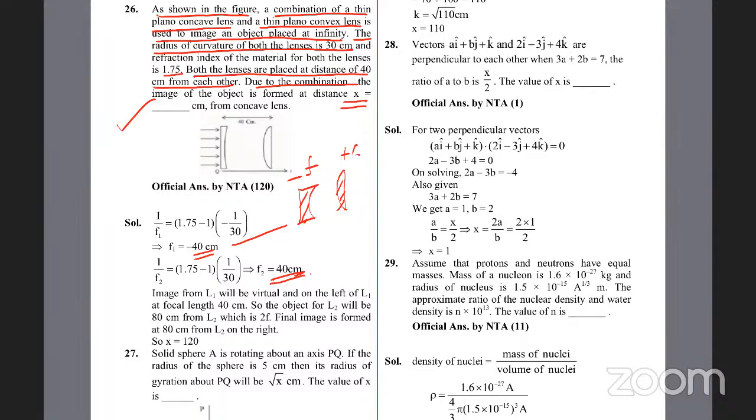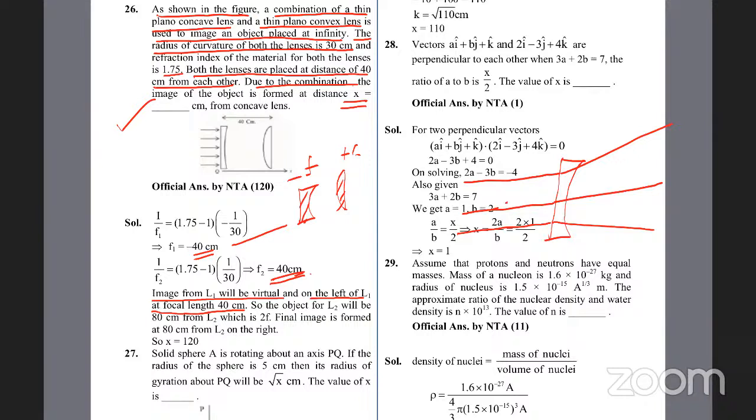So the image from L1 will be virtual on the left at a focal length of 40 centimeters. Just I'll show here. When a parallel beam of light is incident, it will diverge. All these divergent rays appear to come from the focus. So this is minus 40.